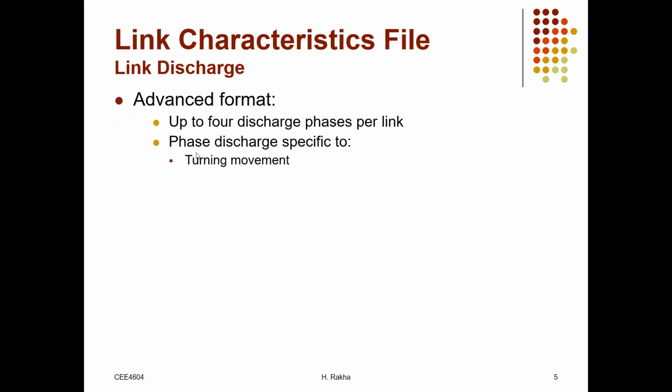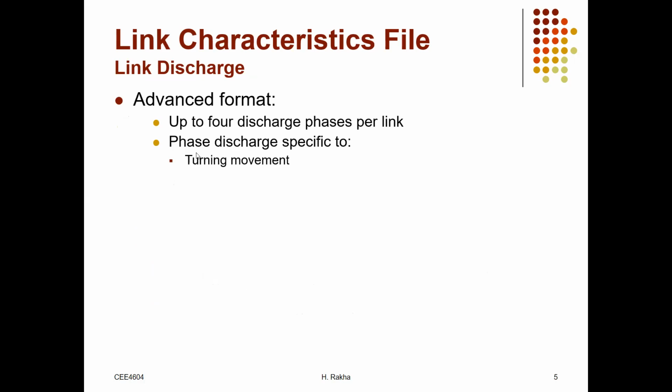So a lot of times you would observe that a link can have, for example, certain movements that discharge during certain phases. The default way that you code an integration does not allow that.